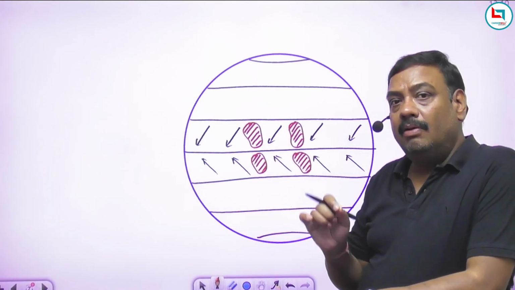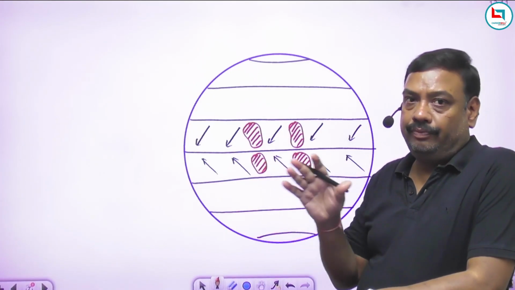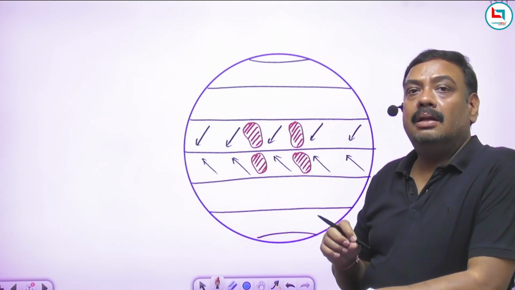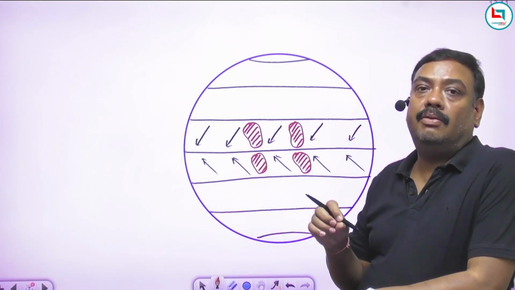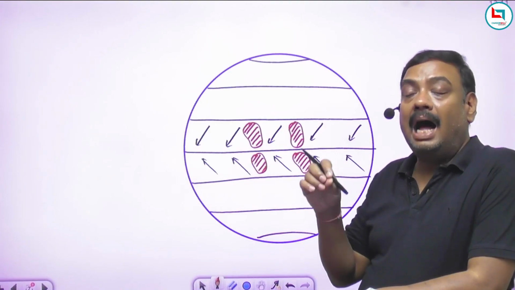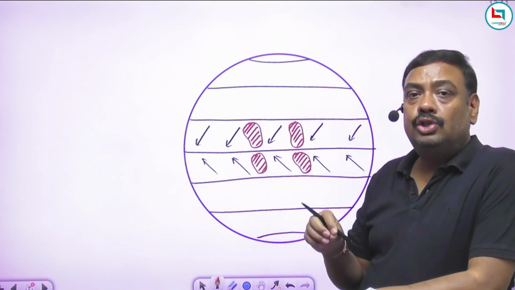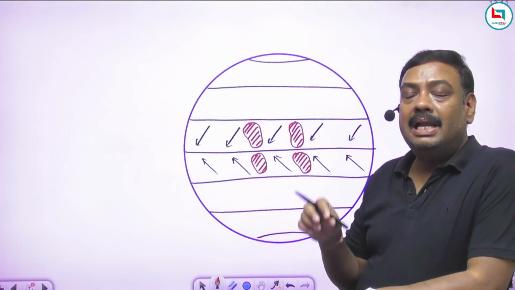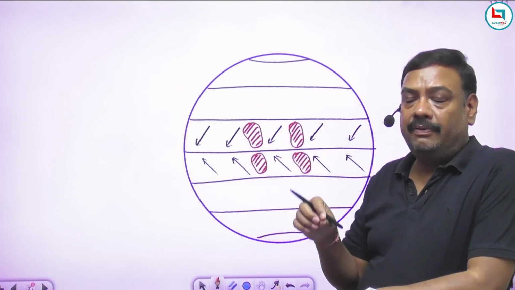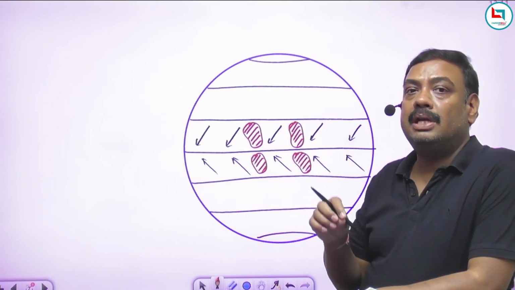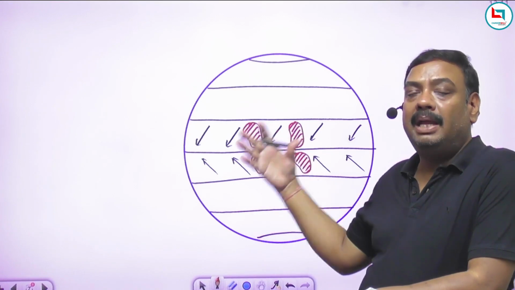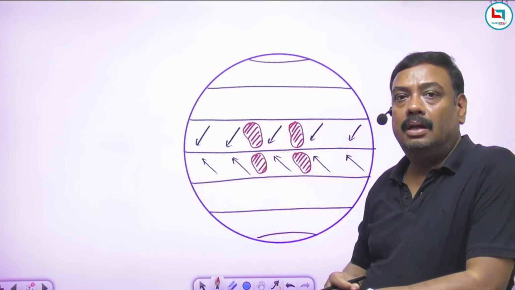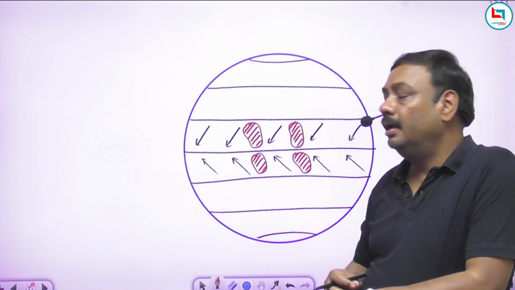Now, one thing which is common for the coastal region: wherever the prevailing winds are onshore for the coastal region, there is piling up of warm surface water, and so the temperature would be a little more than the rest of the ocean water. Got it? Okay.